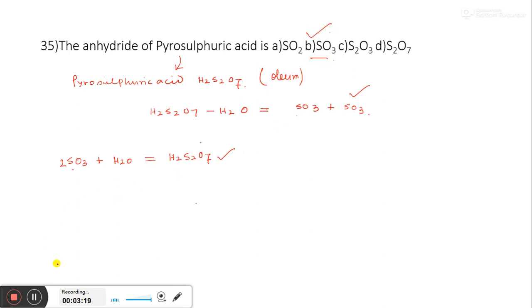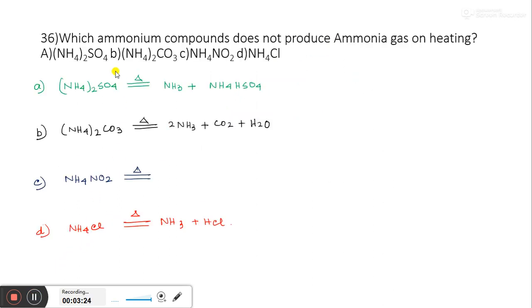The next question of the NTSE 2020 chemistry exam is: which ammonium compound does not produce ammonia gas on heating? Ammonium sulfate, ammonium carbonate, ammonium nitrite, ammonium chloride. We know when ammonium sulfate is heated, it forms pungent smelling ammonia gas along with ammonium bisulfate.